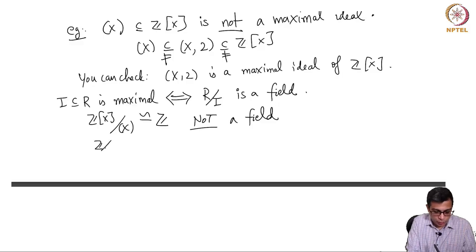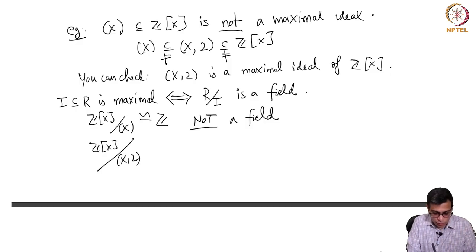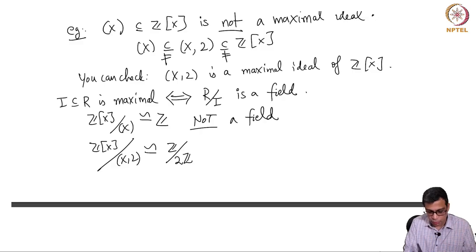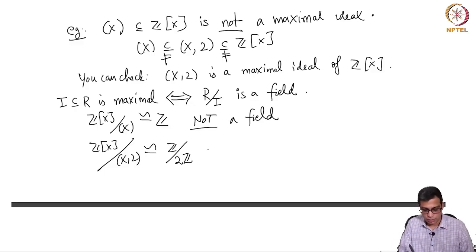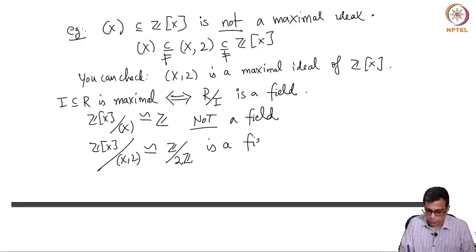On the other hand, if you go Z[x] modulo (x, 2), this is in fact isomorphic to Z mod 2Z, because you kill x, so then you remain with Z, and then you kill 2 in Z, so that will give you Z mod 2Z.